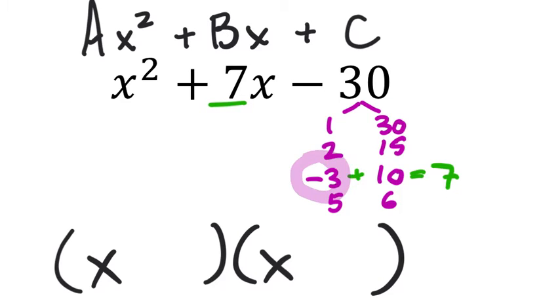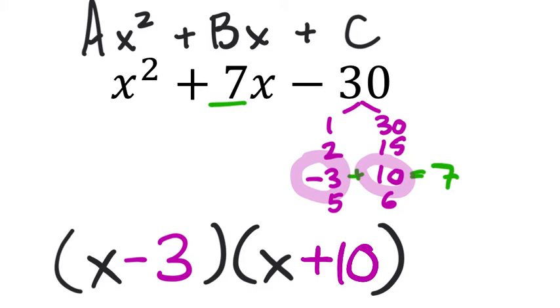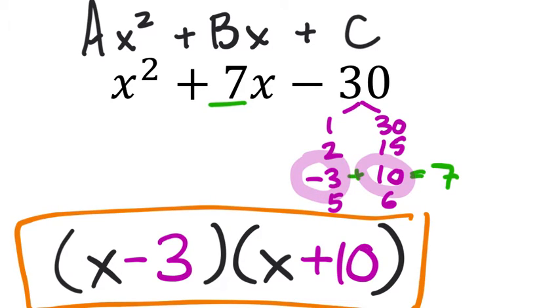We have the negative 3, so there's the first one, -3, and then the second factor was 10. It's positive 10, so I should just show it as plus 10. And again, you could multiply these if you wanted to, or just felt the need to, and just make sure that you end up with a simplified expression like this: x to the power of 2 plus 7x minus 30.